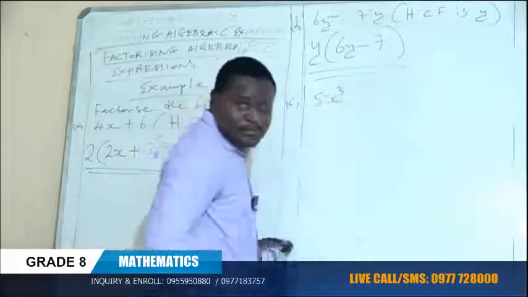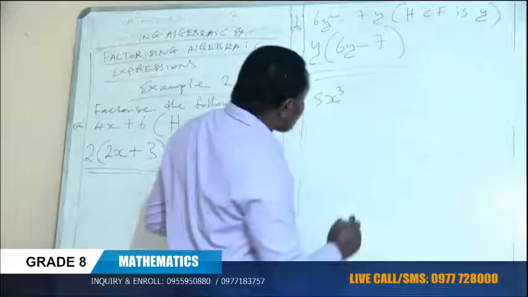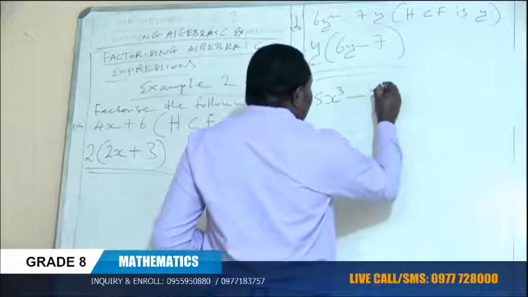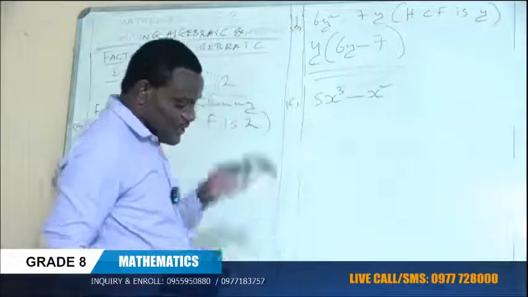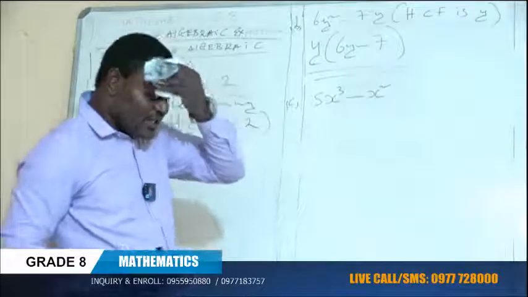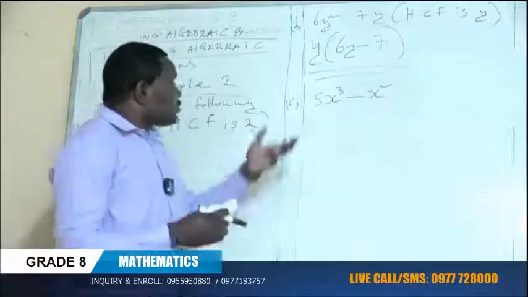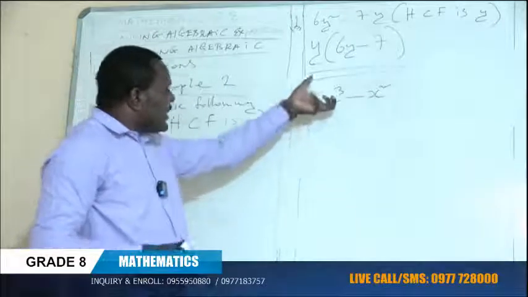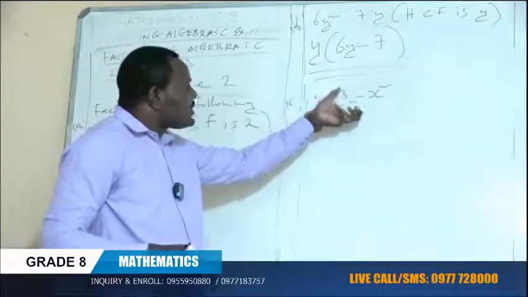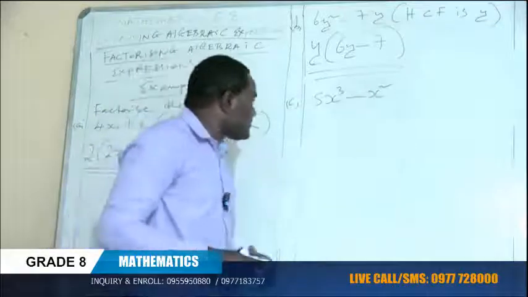5x to the power 3 minus x squared. This is our expression that we have. We'll do the same way. We're going to identify which one is our highest common factor.